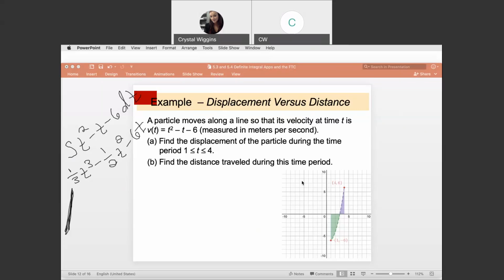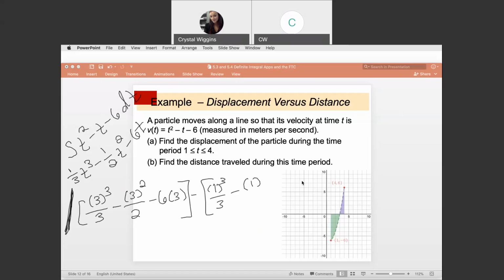So the absolute value of 3 cubed divided by 3 minus 3 squared divided by 2 minus 6 times 3, minus, and let's substitute in 1, so 1 cubed divided by 3 minus 1 squared divided by 2 minus 6 times 1. So that's the absolute value part, and we're going to add to that the regular part from 3 to 4.